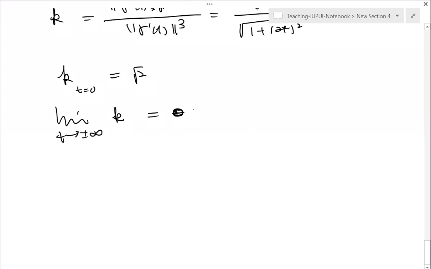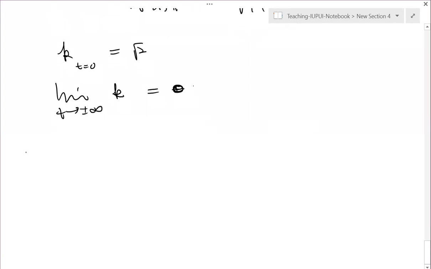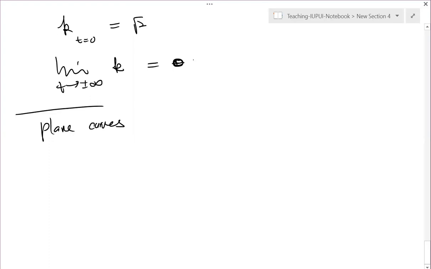Now I'm going to consider plane curves only. Then you can look at curves in three-dimensional space later.